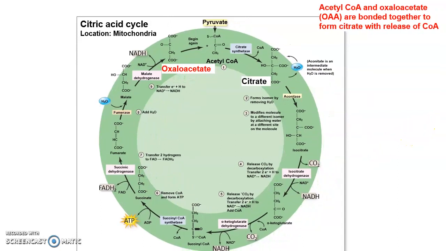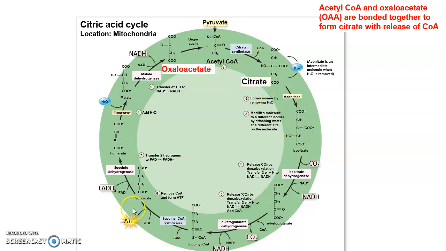We're not going to worry about the whole process, but you do need to know that the beginning of the process is when oxaloacetate combines with acetyl coenzyme A to form citrate, hence citric acid cycle. Go through all these processes, and we remake the final product, which is the same thing as the initial substrate, oxaloacetate.